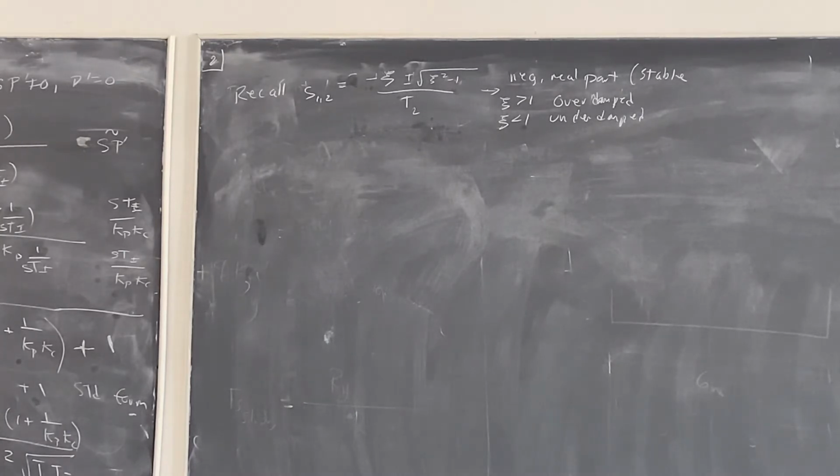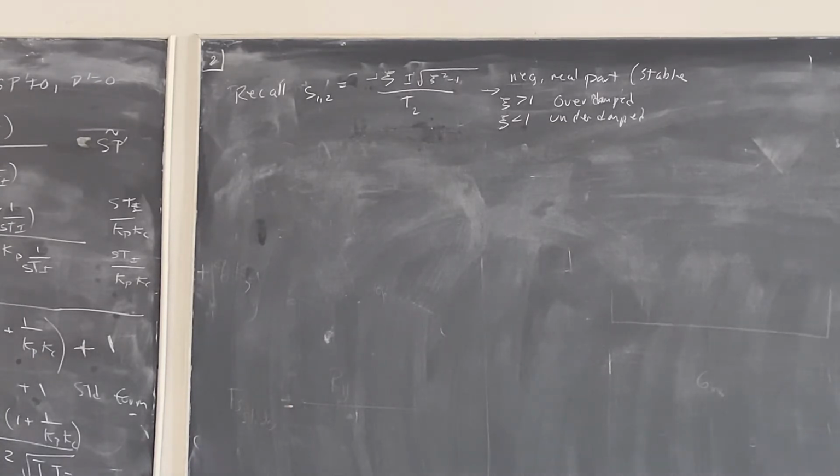Well, if C is going to be big, then that says that Ti had better be big, or Kc had better be small. So the way to make it big is to make Ti over Kc big.